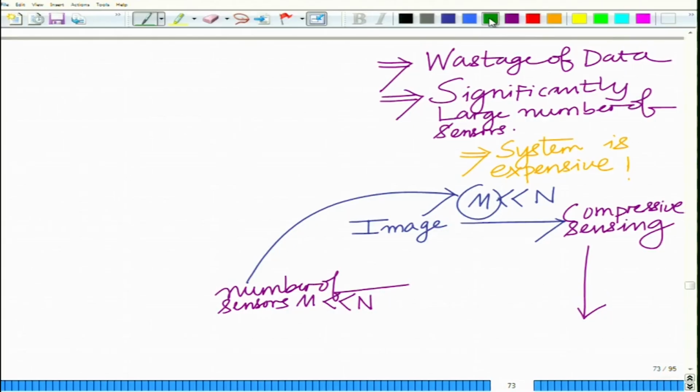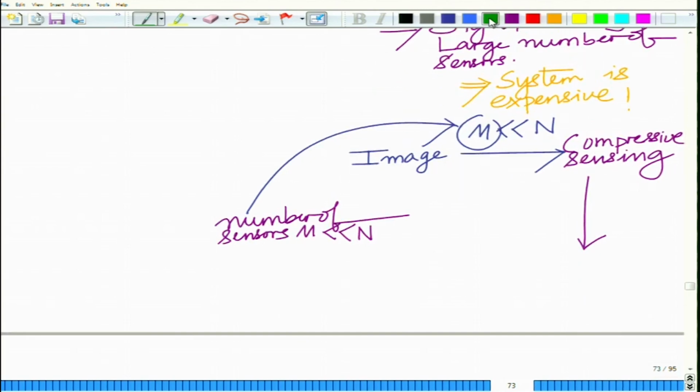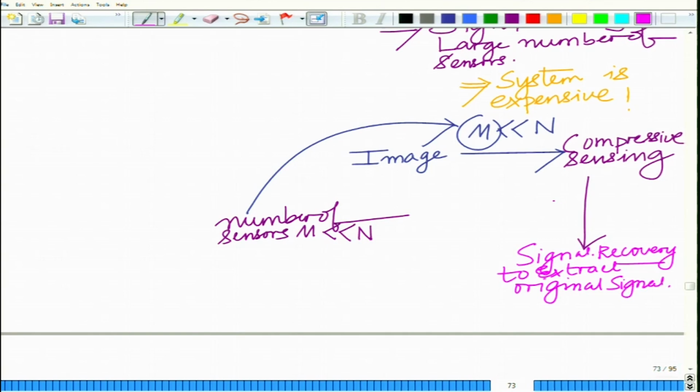Now since you are compressing while sensing, later you have to recover or reconstruct the signal. So instead of sensing and then compressing, you are compressing while sensing, and then you can perform signal recovery to extract the original signal.